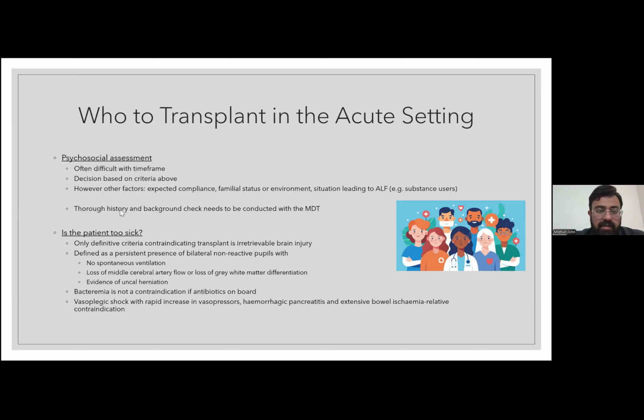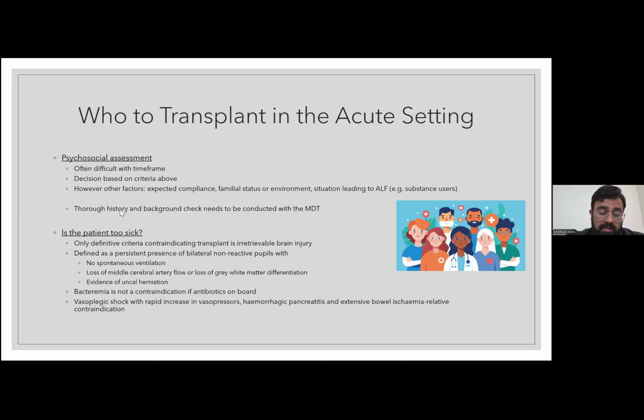Things like expected compliance issues or unfortunate family status and environment. Looking at the situation leading to the ALF, substance abuse or using can all be psychosocial factors that can unfortunately knock them off from being candidates for transplantation. So with the MDT, we basically have to figure out all of that together.